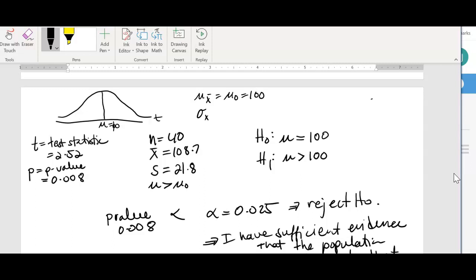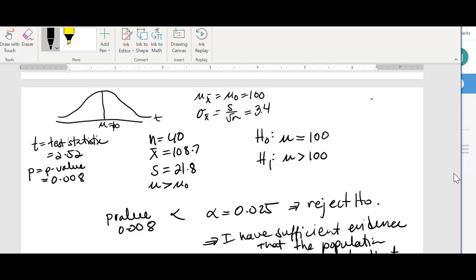Your sigma x bar is going to be your s divided by the square root of n, which is 21.8 divided by the square root of 40, which is 3.4.